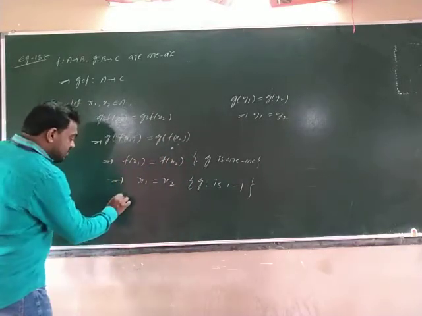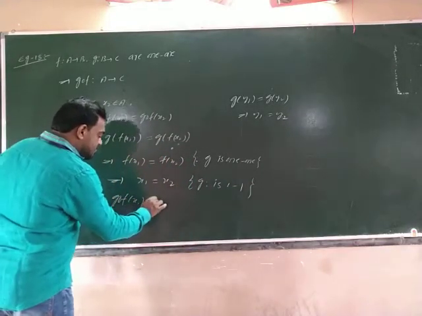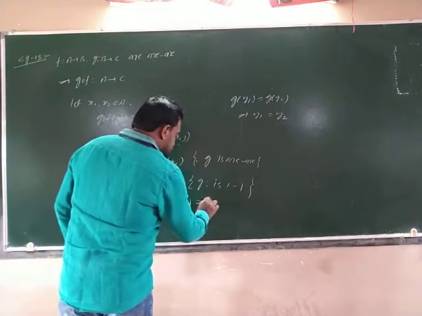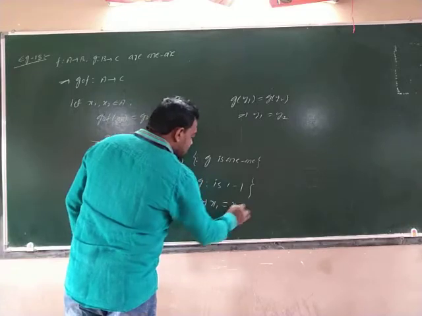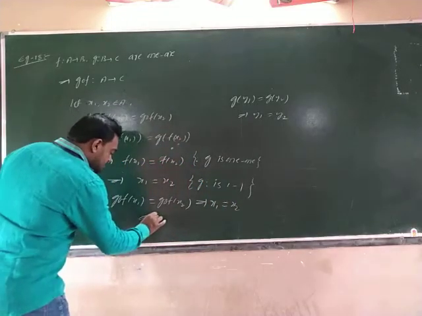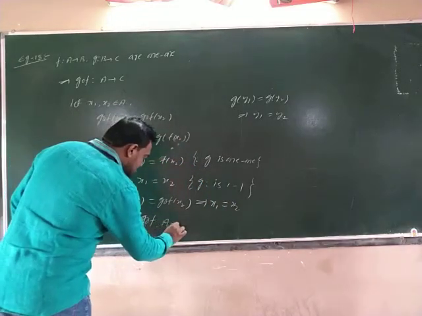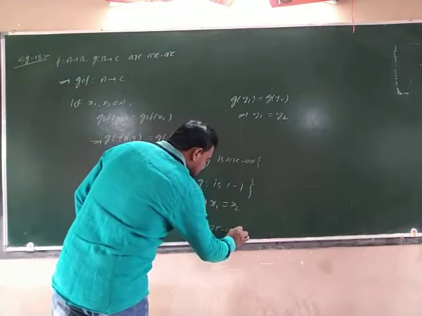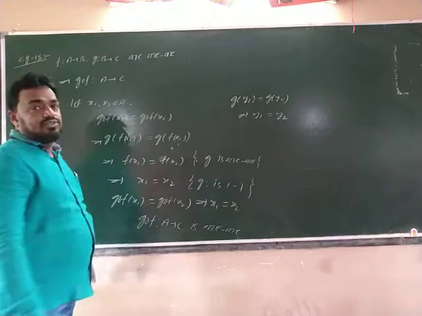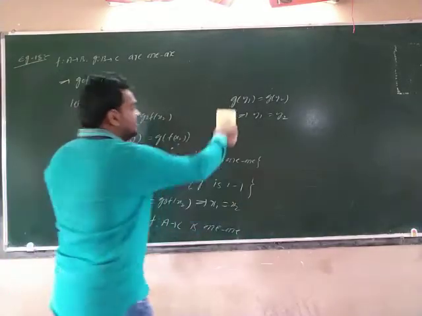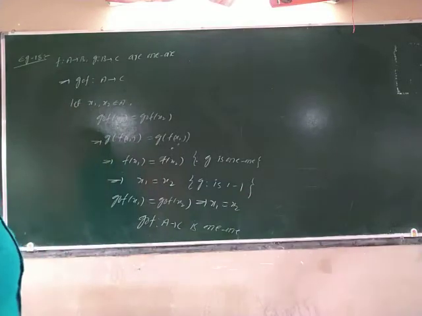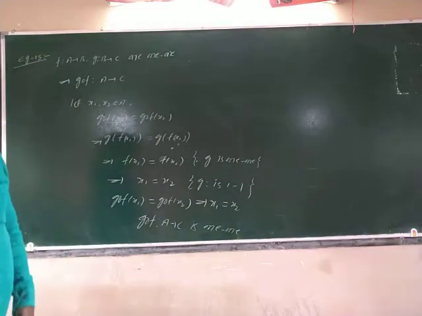What we are seeing here: g circle f of x1 equal to g circle f of x2 implies that x1 is equal to x2. Therefore, g circle f from A to C is a one-one function. This is the proof, right? Next, the 19th question.